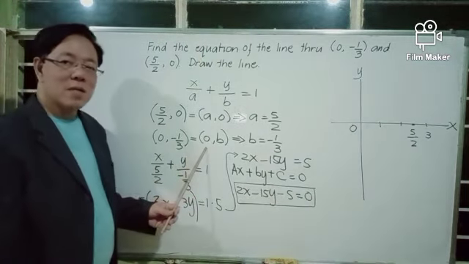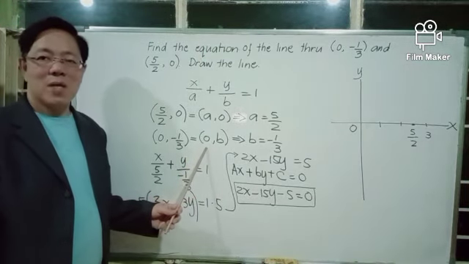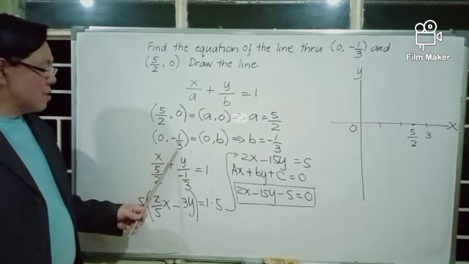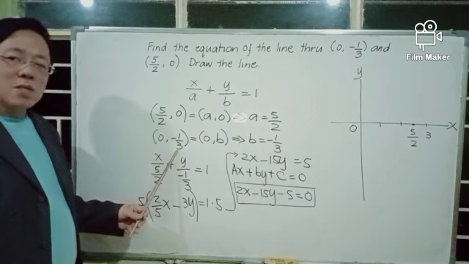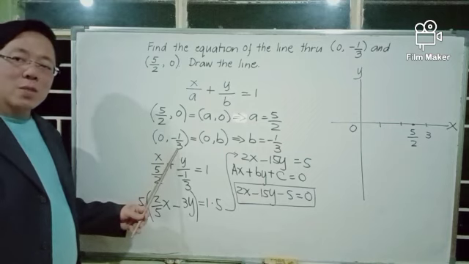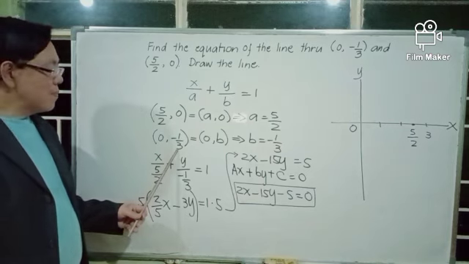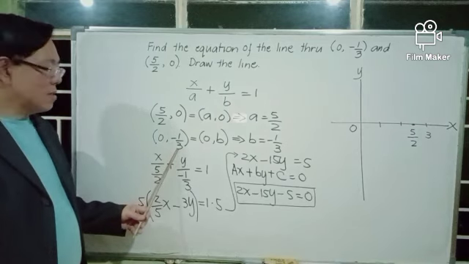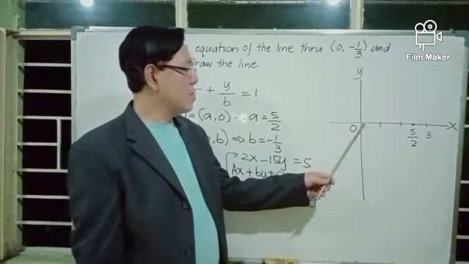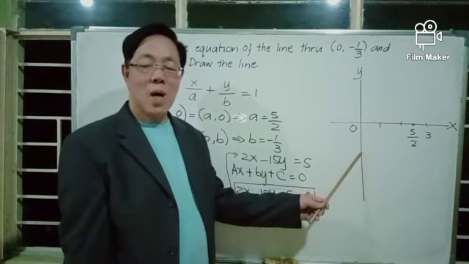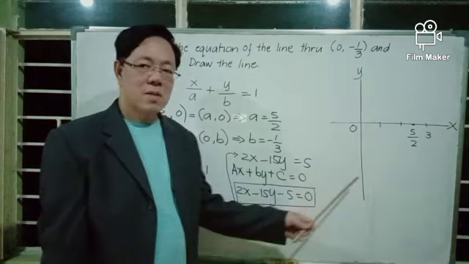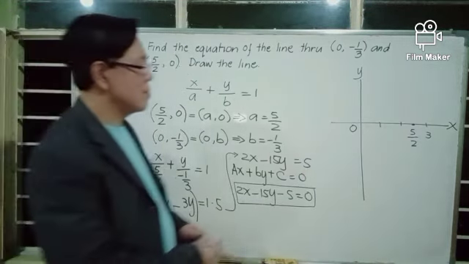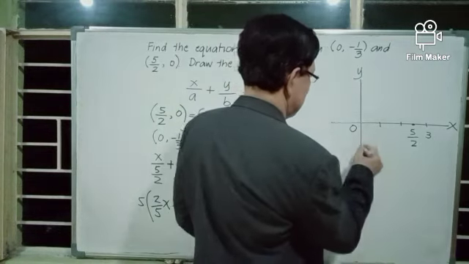We also know the y-intercept, or the point of intersection of the line and the y-axis, and it is the point (0, -1/3). This means you measure 1/3 unit from the origin downward, because the value of y is -1/3.